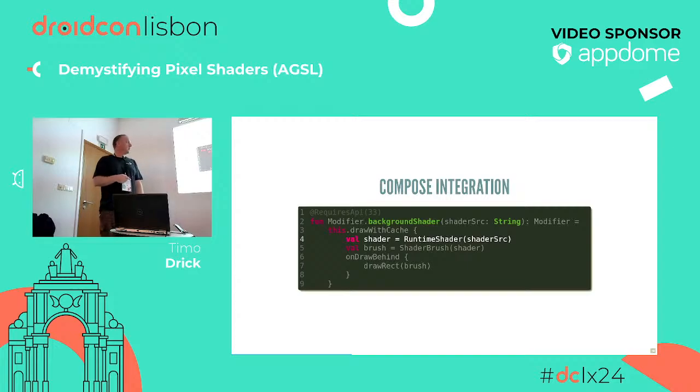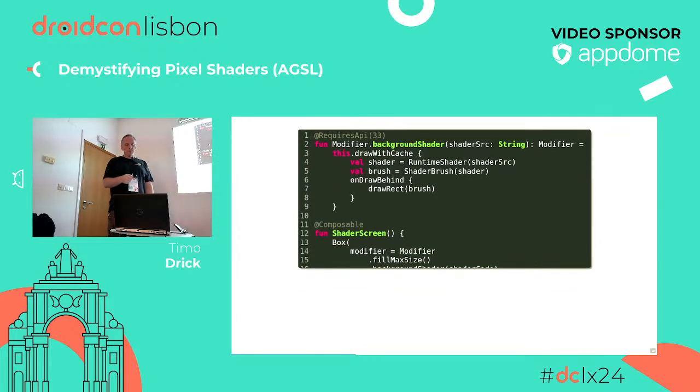You give the shader source as a parameter to the constructor, and then you can create a brush out of it. This brush you can then use in your draw method. In this case, I just draw a rectangle with this brush. When you do not provide any parameters for the rectangle, it will fill the whole size of the canvas.